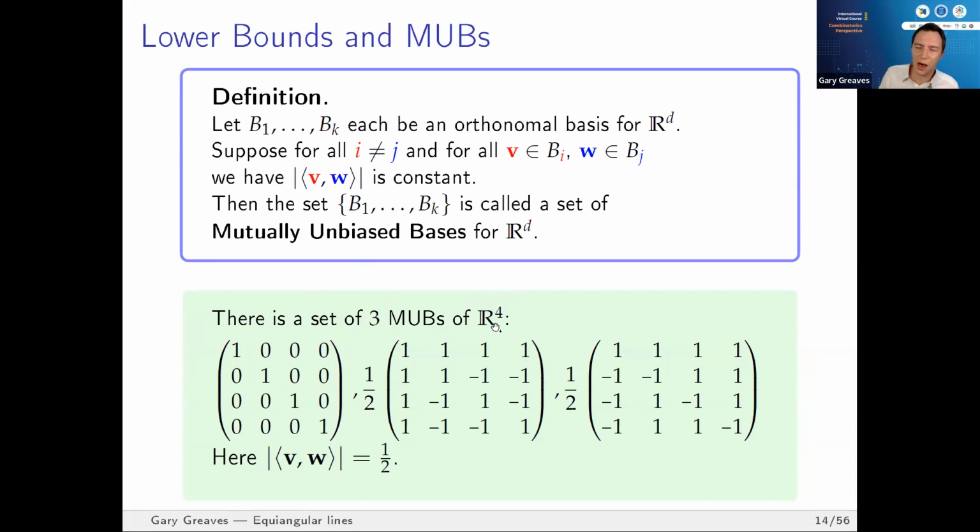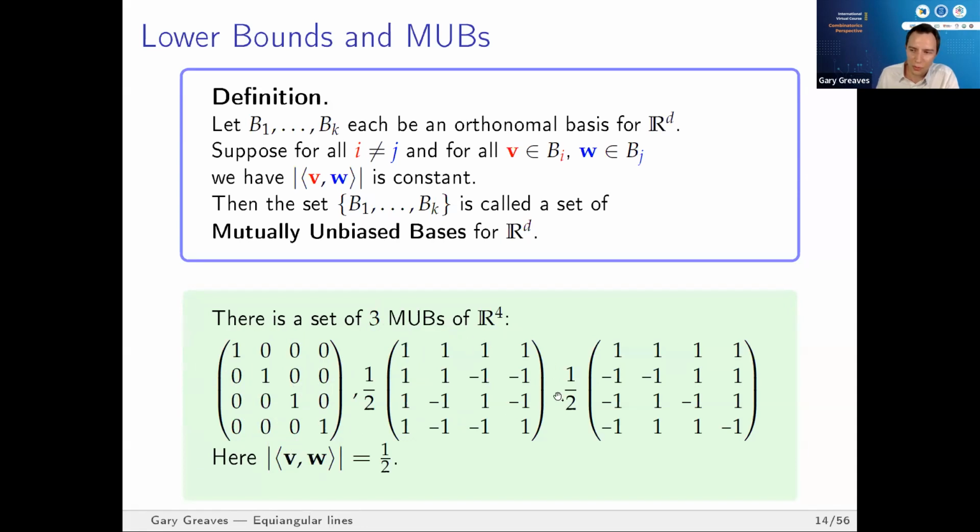Here we're going to look at R to the 4. In R to the 4, we can find a set of 3 mutually unbiased bases that look like this. I've put the vectors as columns of a matrix. Here's my first one. This is a very standard orthonormal basis. You just take all of the standard basis vectors. If I take the inner product between any two, I'll get 0.